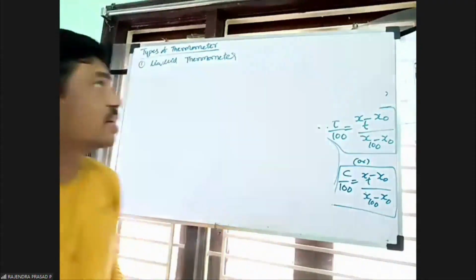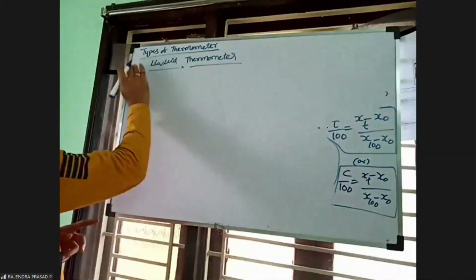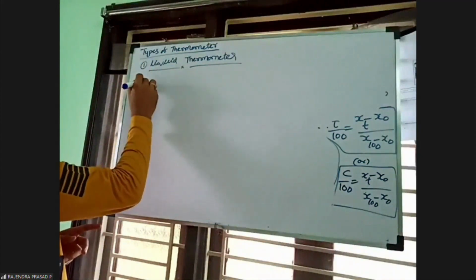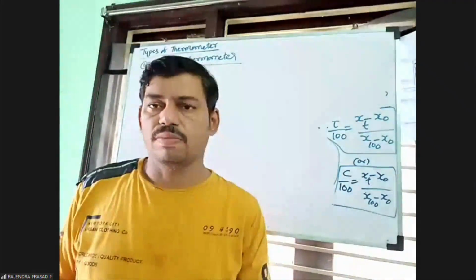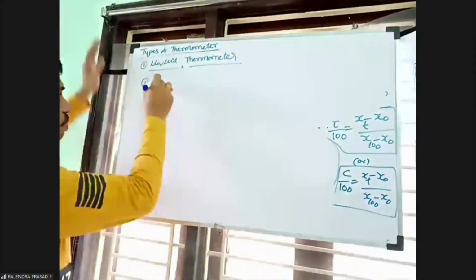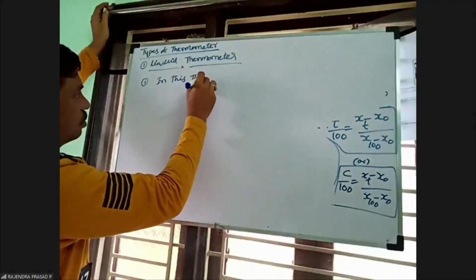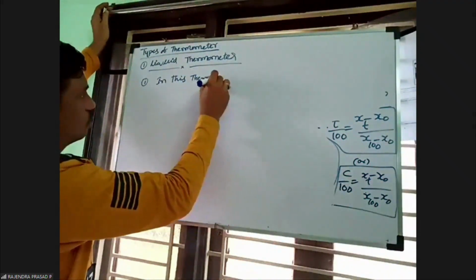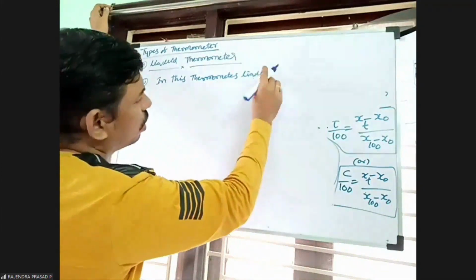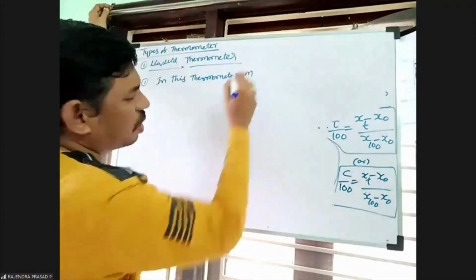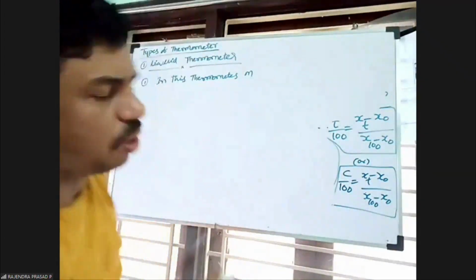What is the liquid thermometer? The first thermometer is the liquid thermometer. Mercury is used as the liquid in this thermometer. Sir, does alcohol not come in this? Alcohol thermometer, no, this is not there.